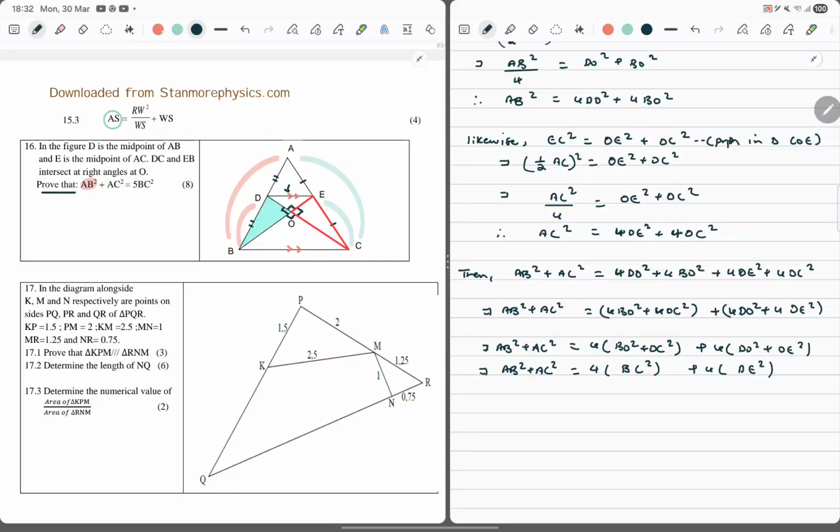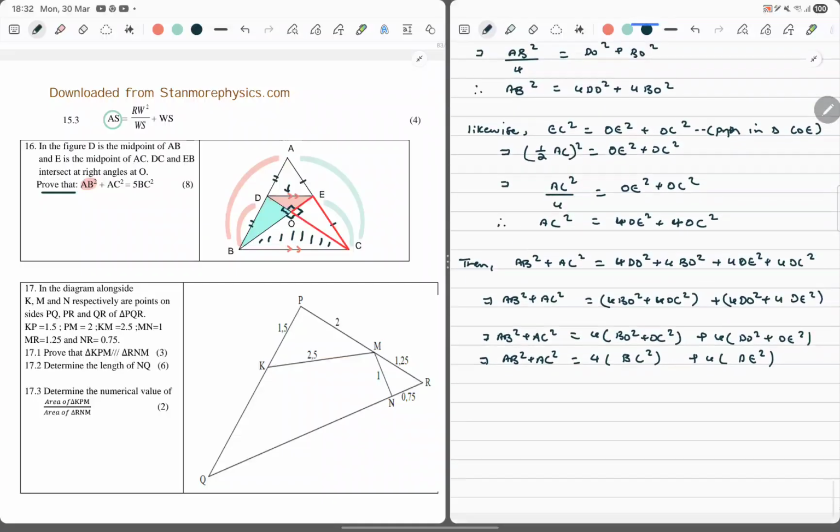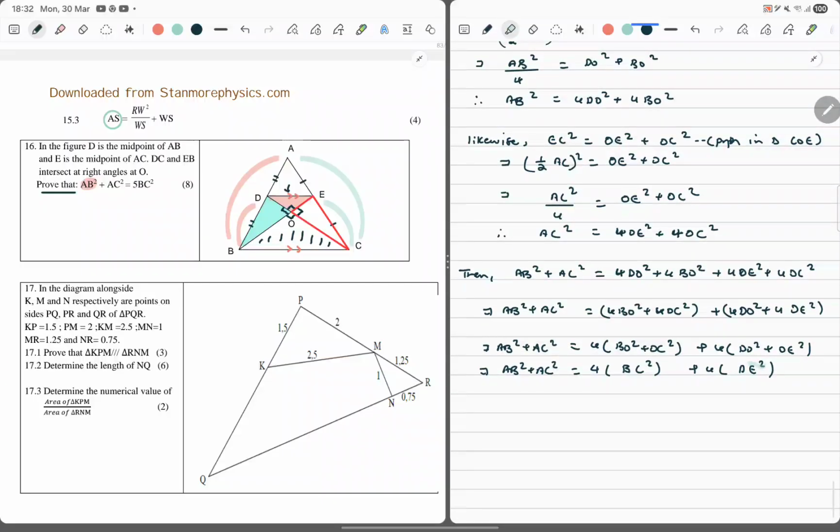Pythagoras in these other triangles. So this is this triangle that we are talking about. Right. And this triangle. Okay. Nice and easy. Now we need to get rid of DE.